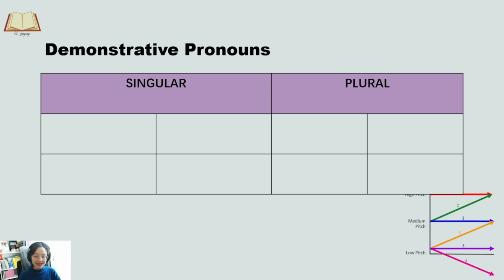Demonstrative pronouns identify specific items in relation to the speaker or the listener's position. They indicate whether something is close to or far away from the speaker or listener. So basically words like this, that, these, those.